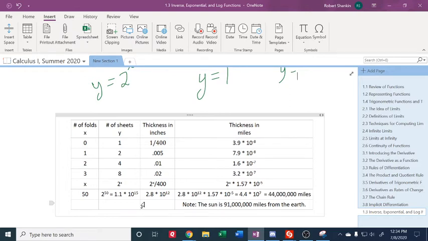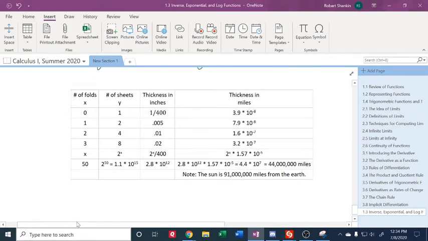So 1.1 times 10 to the 15th, that compact notation deceives us. We've got to move the decimal 15 places. 1, 2, 3, 4, 5, 6, 7, 8, 9, 10, 11, 12, 13, 14, 15. And we've got to put zeros in all these spaces.